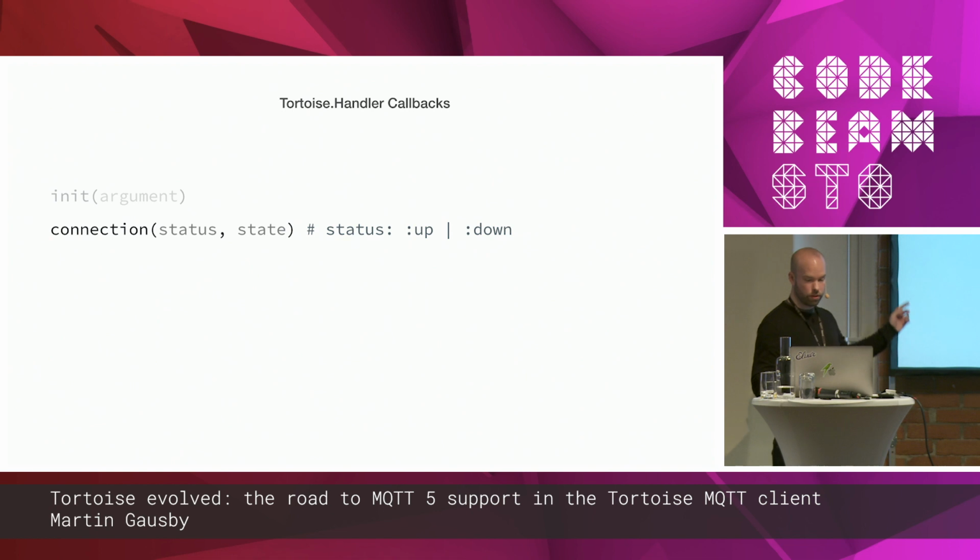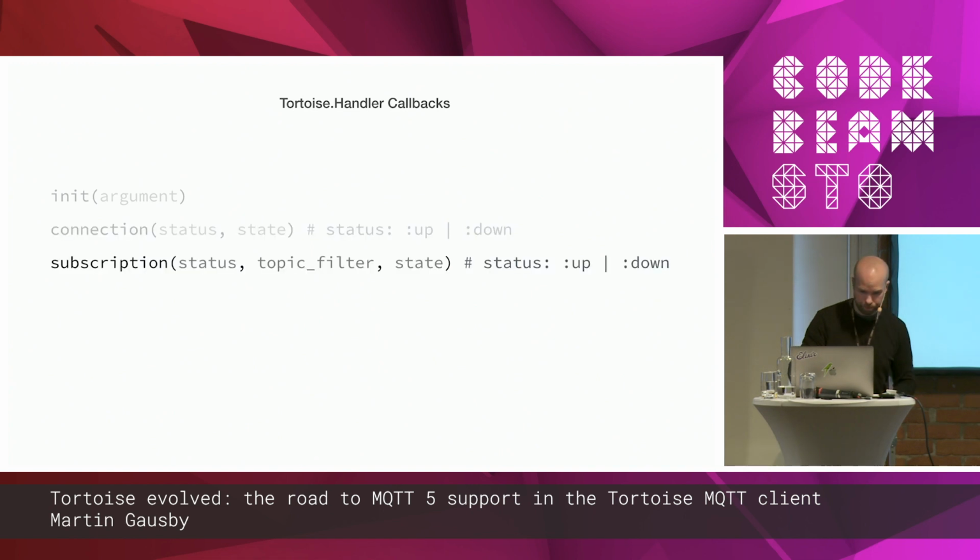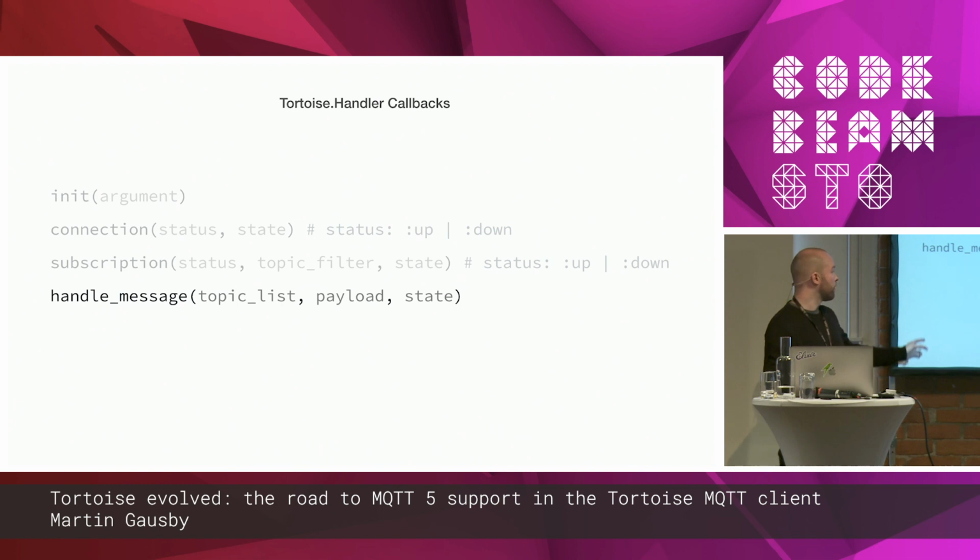This allows us to make a lamp red or green depending on the connection state on a Nerves device. And then we have the subscription where, for the individual topic filter, we can say up or down. So when we subscribe to a subscription, then we get an up message for that topic filter. And we have handle message.